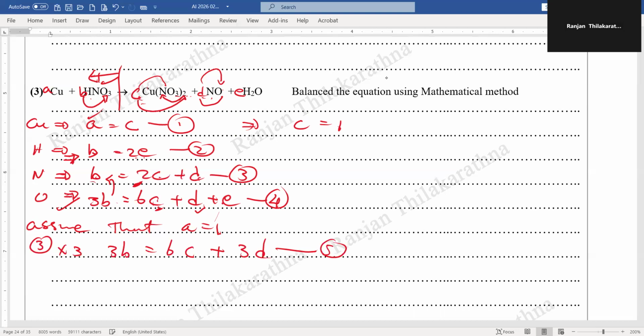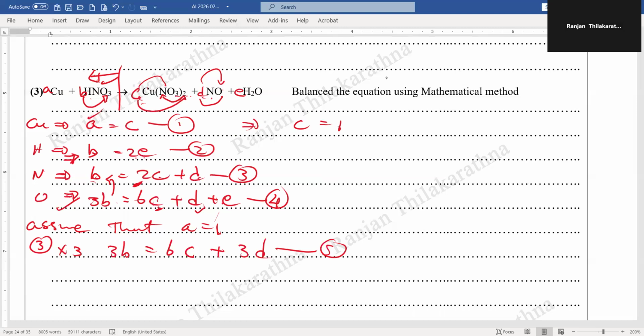Then I subtract. 3B, 6C, 3D. Yeah. Then 3B, 3C, 2E.